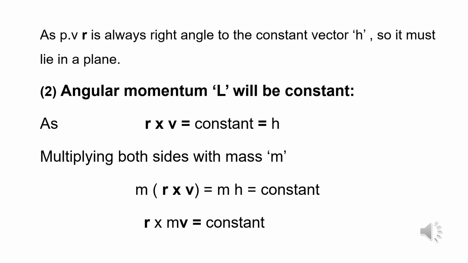So the product becomes r cross mv is equal to constant. We know that mv is the linear momentum. So substituting the linear momentum, that is p is equal to mv, we can write r cross p is equal to constant.